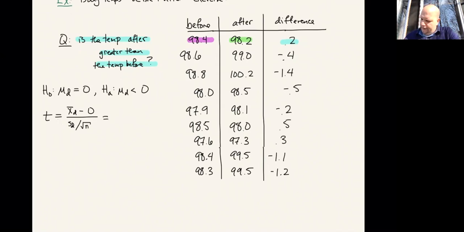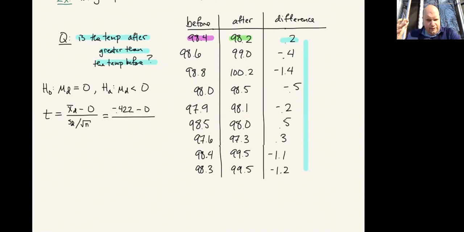So let's carry out this calculation. The average difference here is minus 0.422. That's the average of all these numbers over here, which I calculated earlier. We're going to subtract 0 from that. I computed earlier the standard deviation of all these difference numbers in that right-hand column and found that it was 0.692.